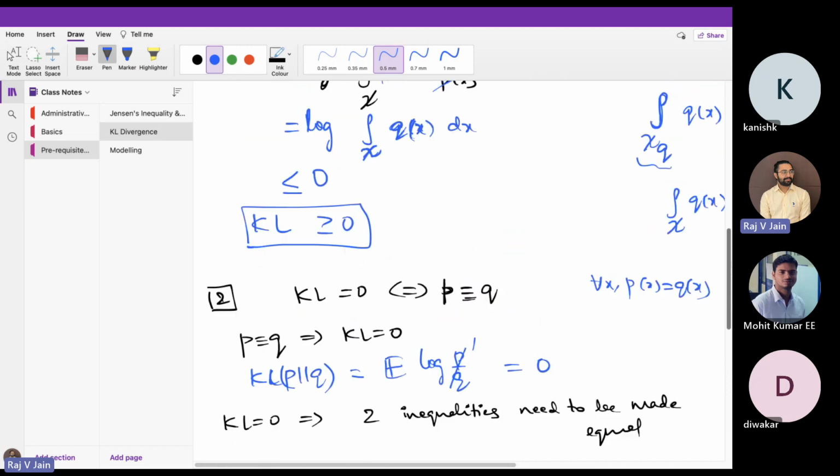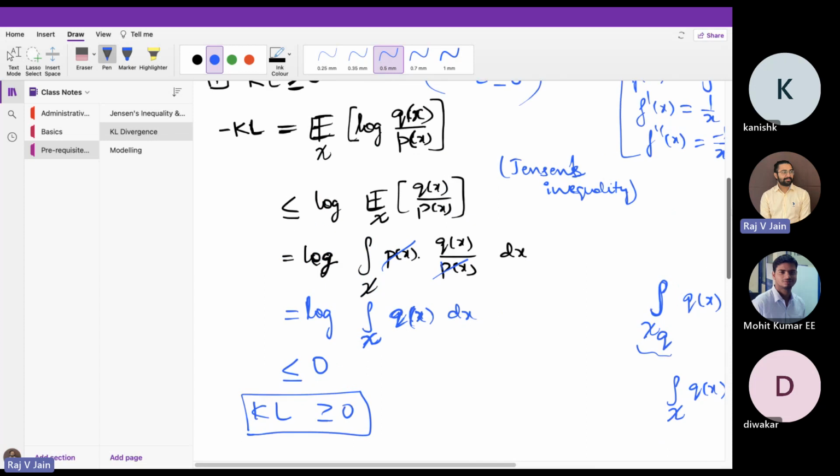So if KL equals 0, and we just saw the proof that KL is greater than or equal to 0, I need to make exactly two inequalities exactly equal to 0, right? I had one inequality from Jensen, and one due to mismatch of support.